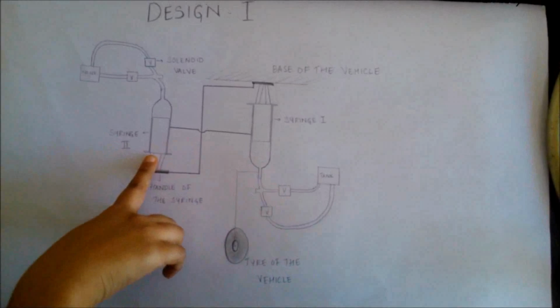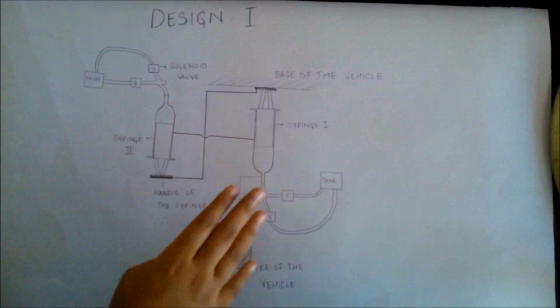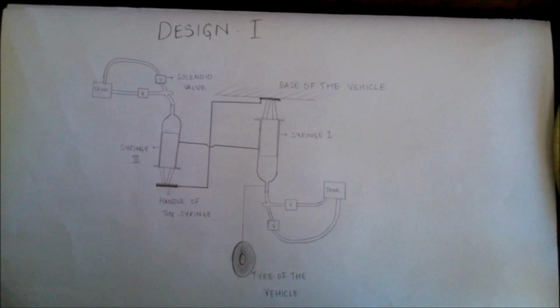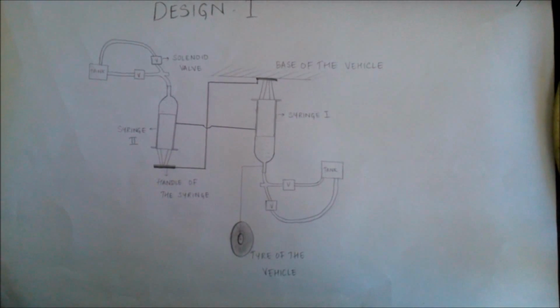Now we'll look into the working of the suspension system. We have two designs here. This is design 1. As you can see, we have two syringes. The handle of one syringe is connected to the handle of the other. The bodies of the two syringes are also connected. The body of one syringe is connected to the tire of the vehicle. Each syringe is connected to a pair of solenoid valves and a tank.